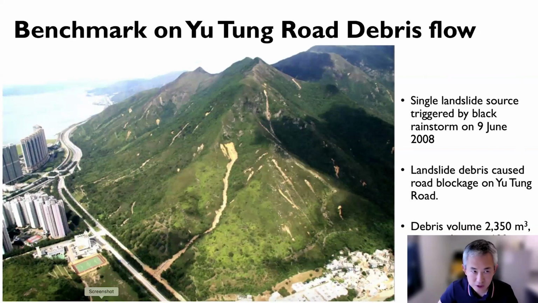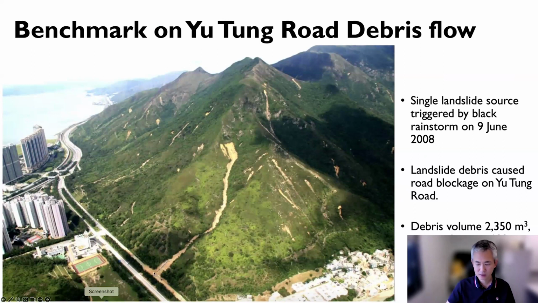A further validation we have done for this unresolved CFD-DEM is to benchmark it over a real case that happened in Hong Kong, called the Eastern Road debris flow. That was a very large debris flow caused by a single landslide source and triggered by the black rainstorm. The debris flow ran onto this road and blocked it.